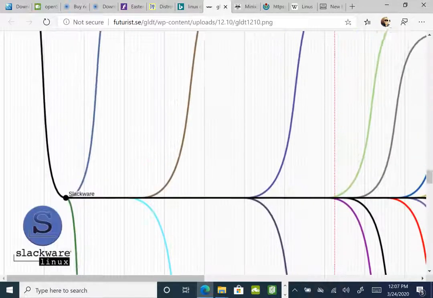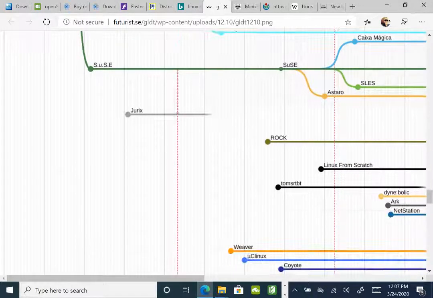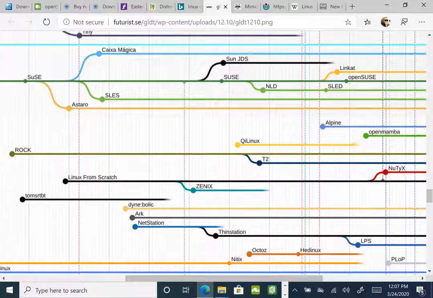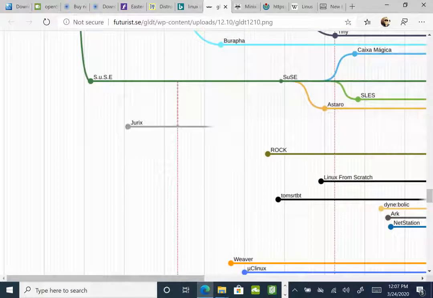Slackware was another huge one. That's SLS, Slackware. And there's SUSE. And then as that comes down, you could still follow SUSE, and then there's OpenSUSE. So basically what happened with SUSE is that a very big networking company known as Novell was really getting smashed in that area.